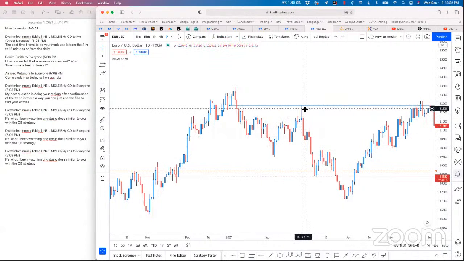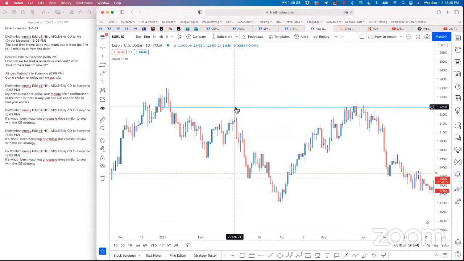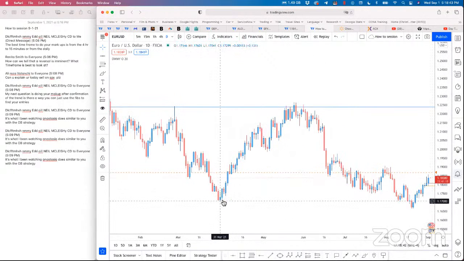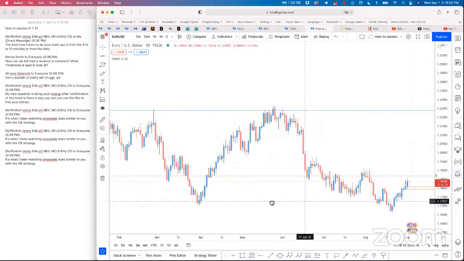Look what happened when we touched the yearly price again. It didn't even stay there for a day, right? It just dropped really, really hard. Made this low. This is a yearly low at the time. Pushes all the way back up. What happens again? We get back on this area, we reject it, and we sell off hard, right?